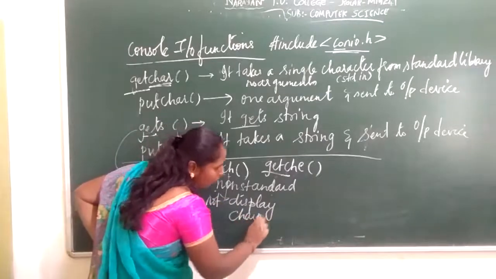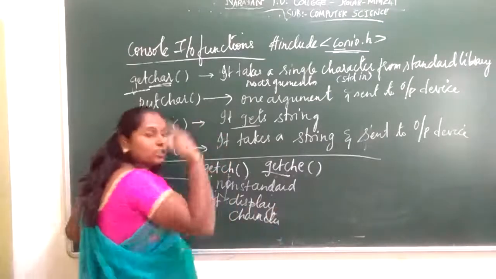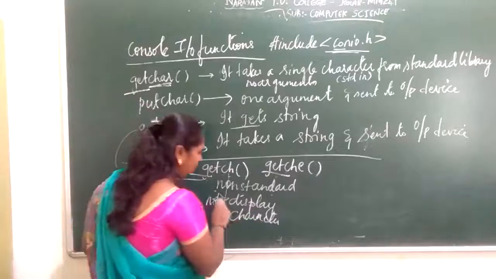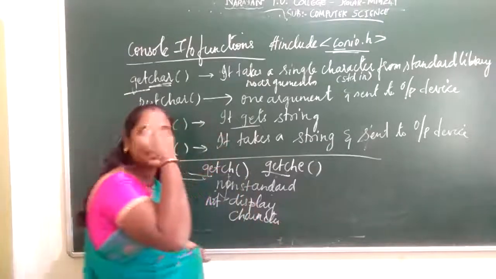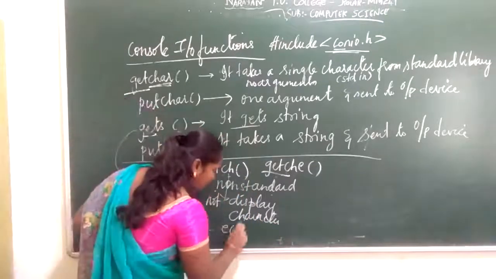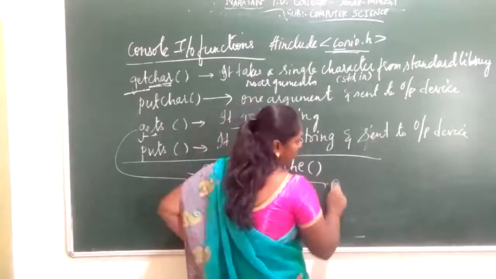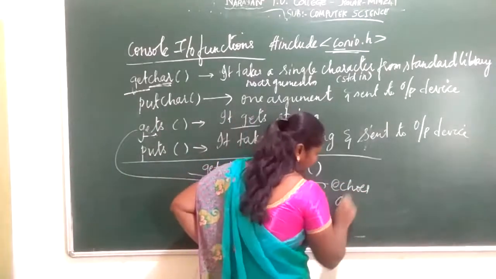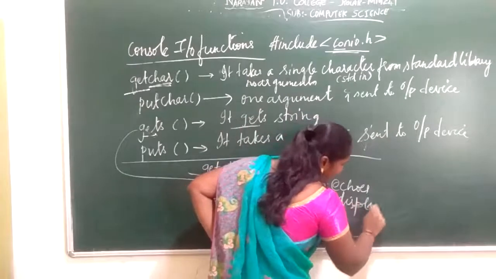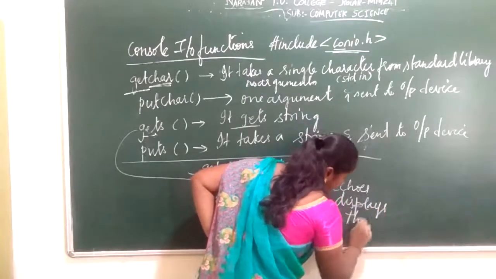It does not echo a character, that is, it does not display the character to the screen. E stands for echo, display. But getche echoes, that is, it displays the character.